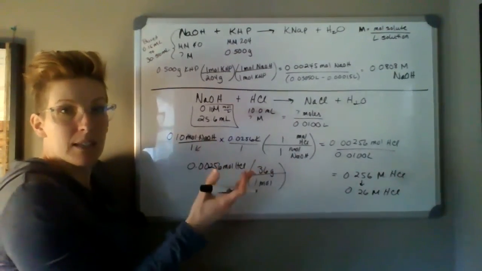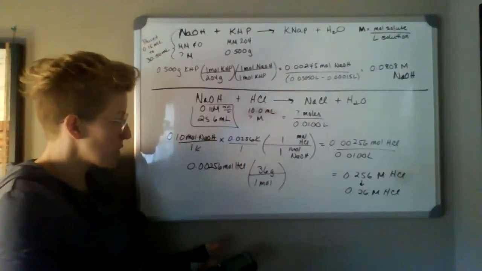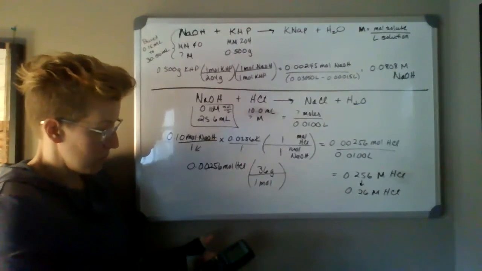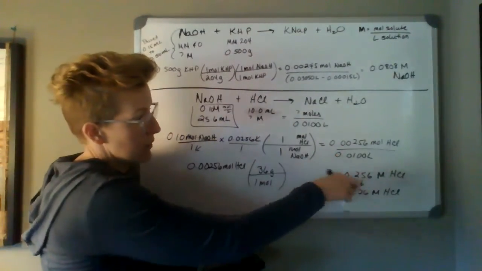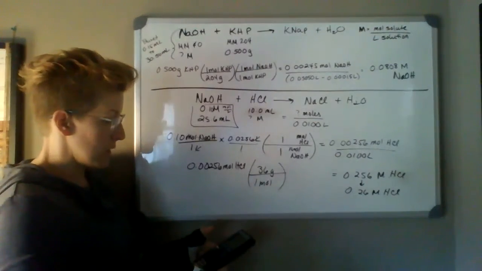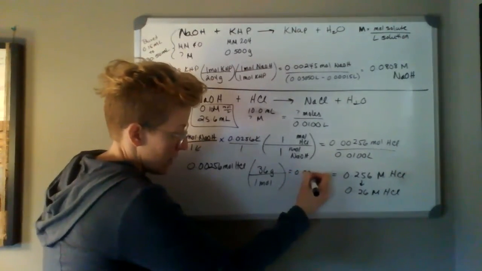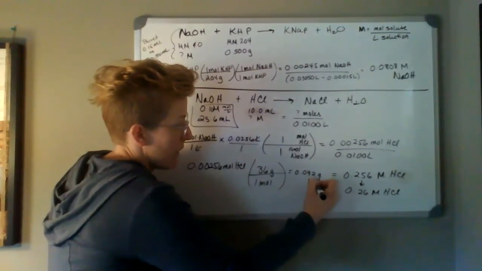All I did was add together 1 hydrogen and 1 chlorine, 1 plus 35. So I take that 0.00256, remember just the moles, not the molarity, times 36, and that gives me 0.09216. I'll just leave it at 92, and this is grams of HCl.